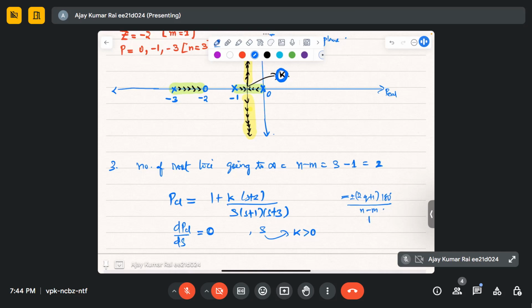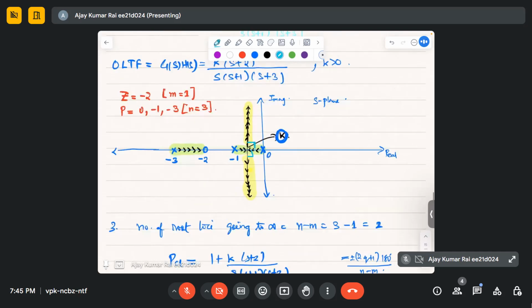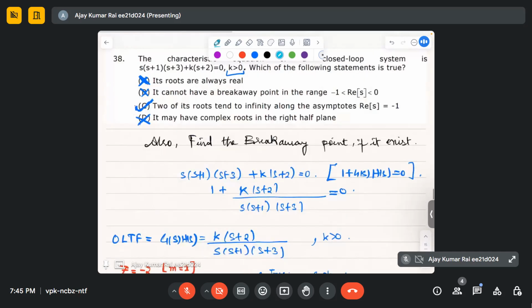Here n minus m is equal to 2, we anyway know that, and we need to find two angles. So one will be plus 90 degrees, other will be minus 90 degrees. So here also you can see plus 90 and minus 90 along the asymptotes. First you have to find the centroid, that's not a problem. But this statement is also false.